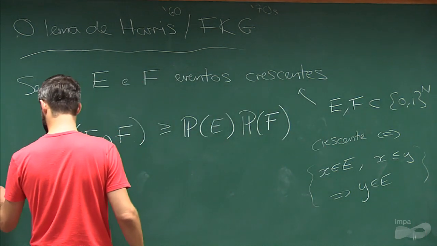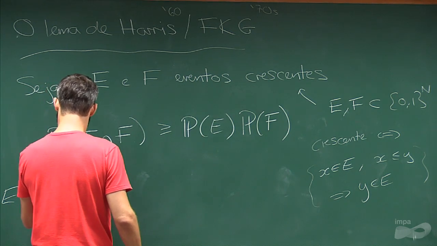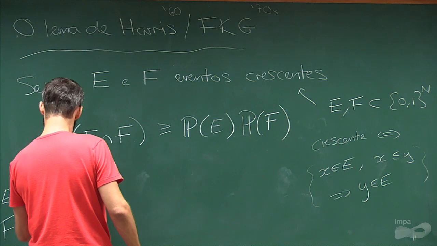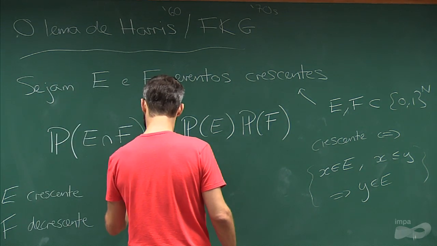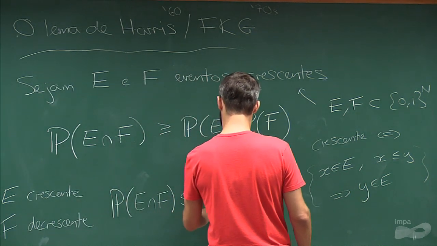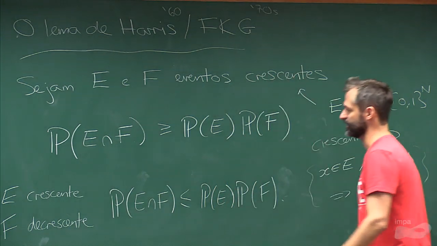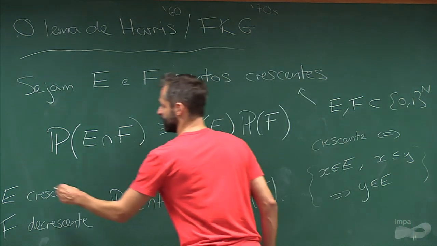So E is increasing, and F is decreasing. Then the probability of E and F is at most the probability of E times the probability of F. Okay, this is just an aside.